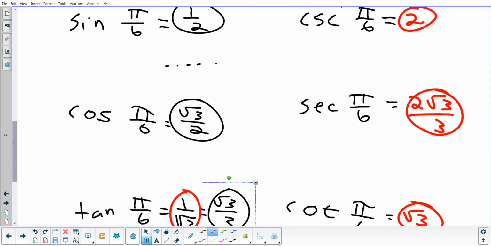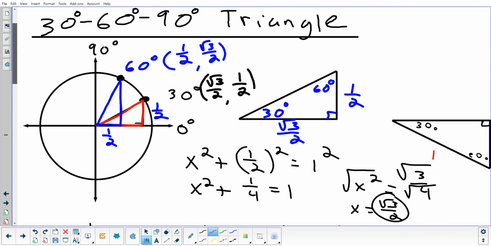Okay. Any questions before we finish up with doing the trig functions for 60? Now when we do 60, all that's happening is the x's and the y's are switching places. So I would expect to see all the same answers again, but in different spots.